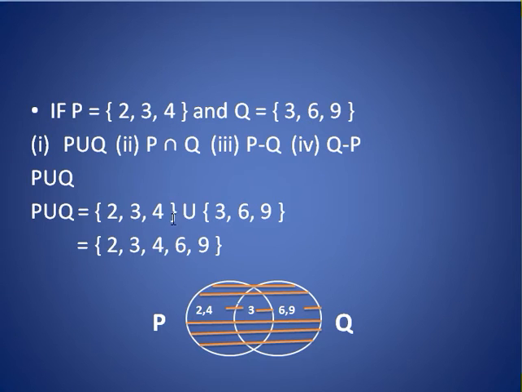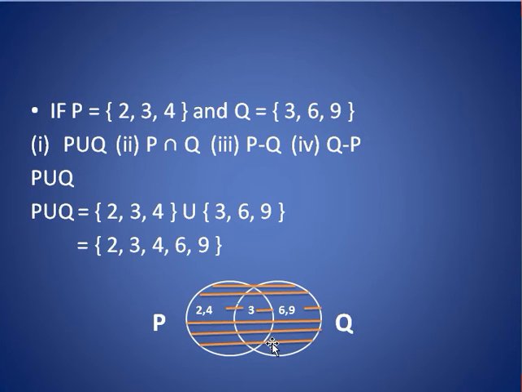Now we have one common element in both sets, so that means it is an overlapping set. Two circles overlapping each other, this overlapping portion shows the common element.